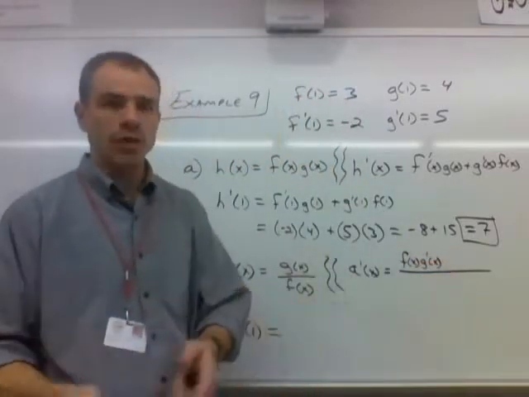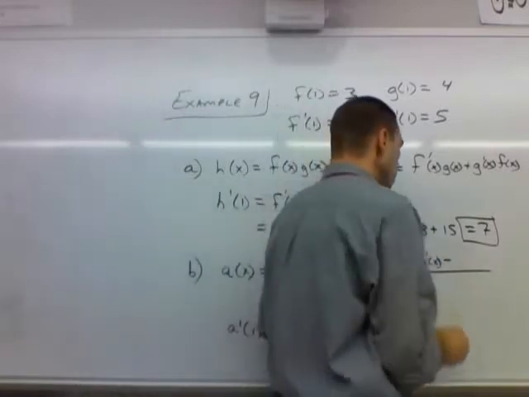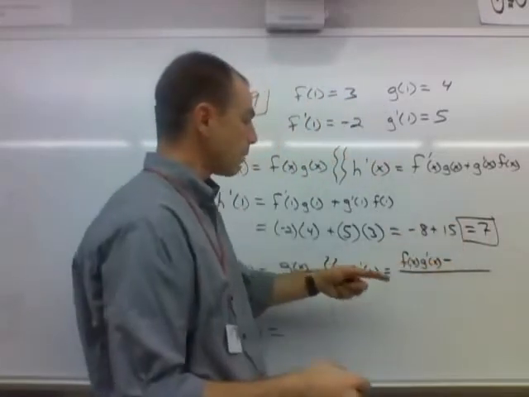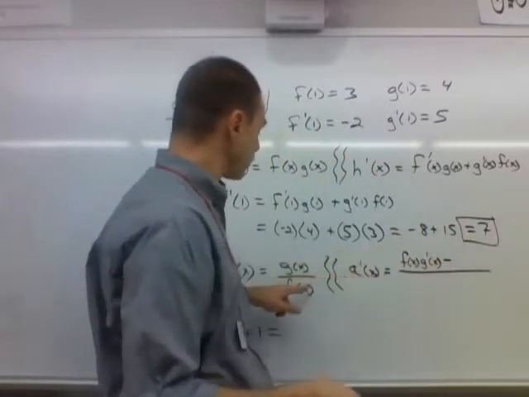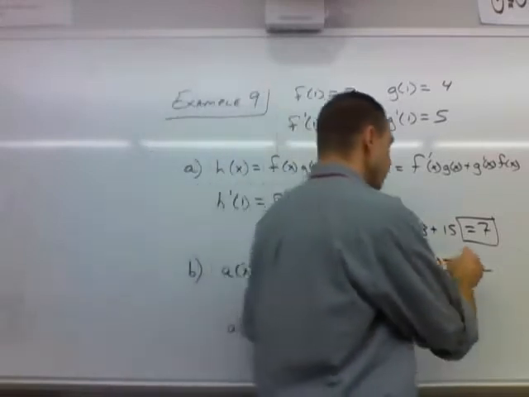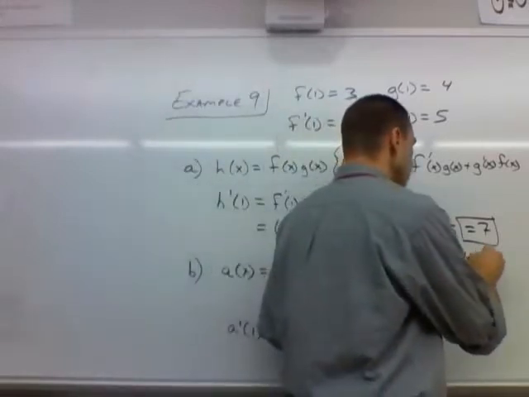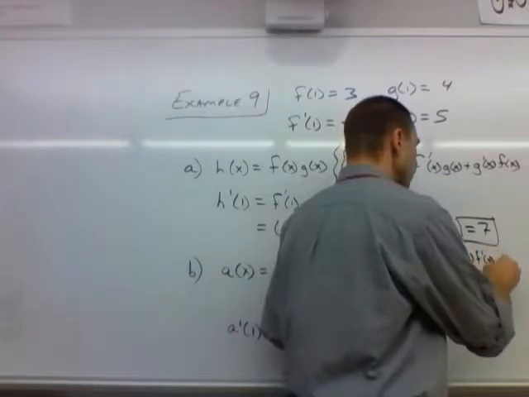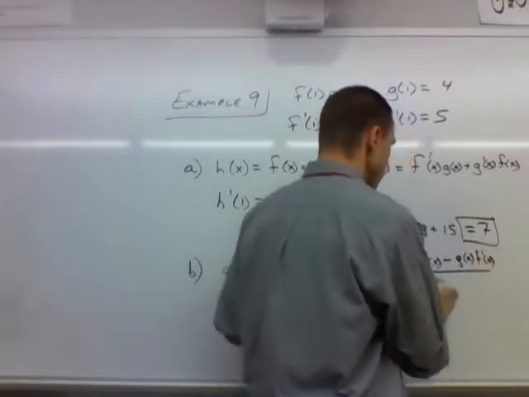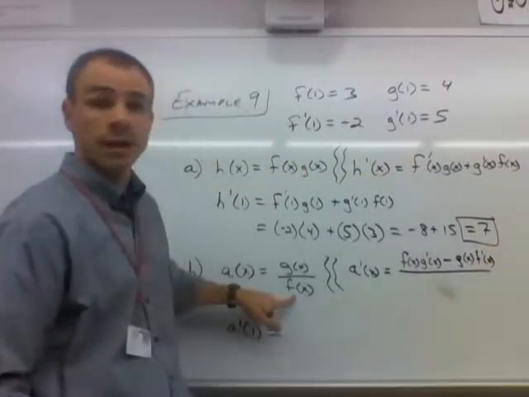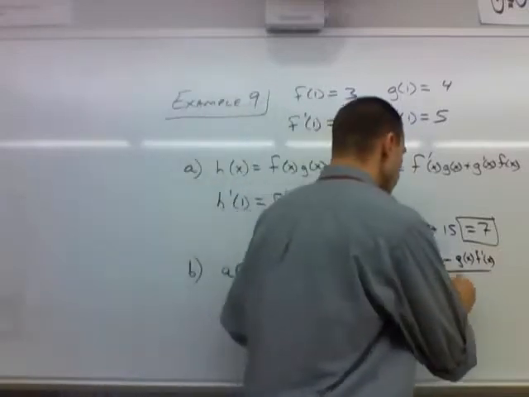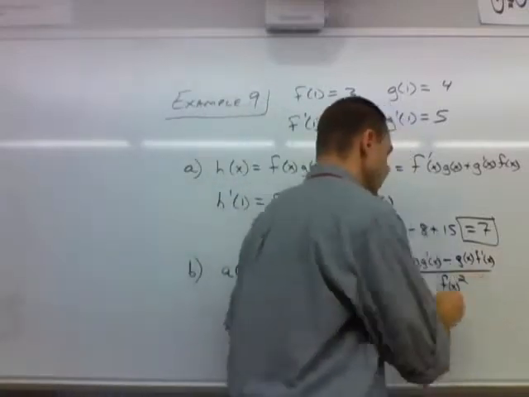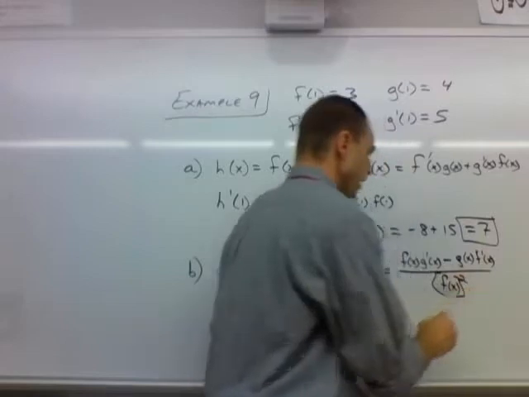Minus, remember the numerator has a minus sign for the quotient rule. Now we flip them. Now it's top d bottom. So g of x and then f prime of x. All over bottom squared. So all over f of x squared. Should put brackets around that.